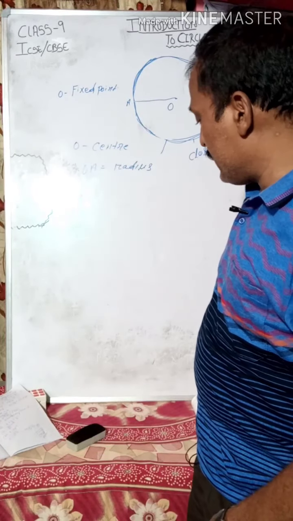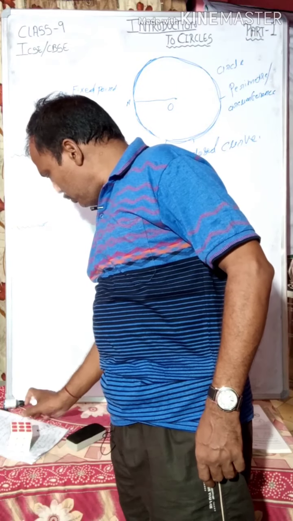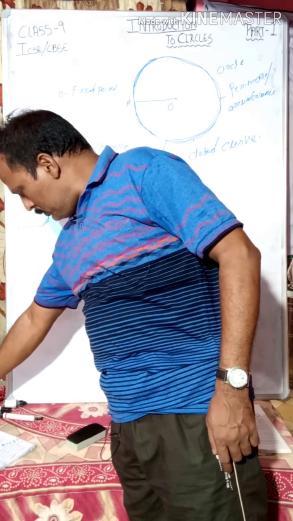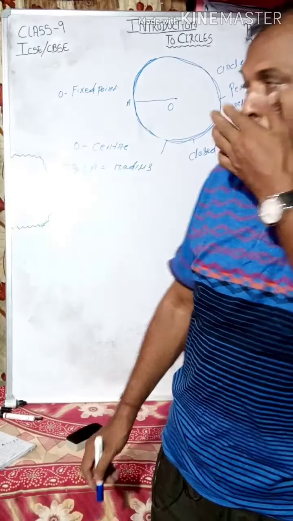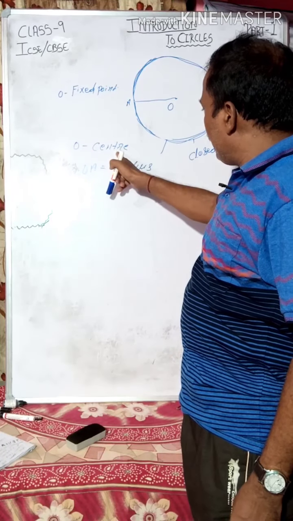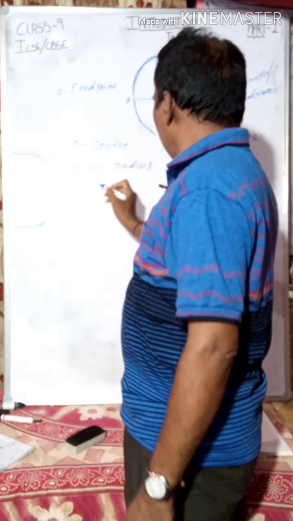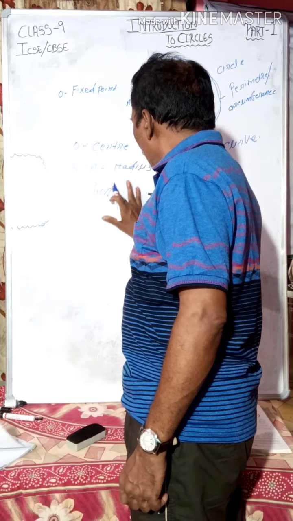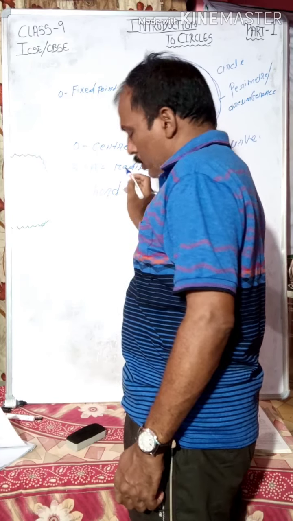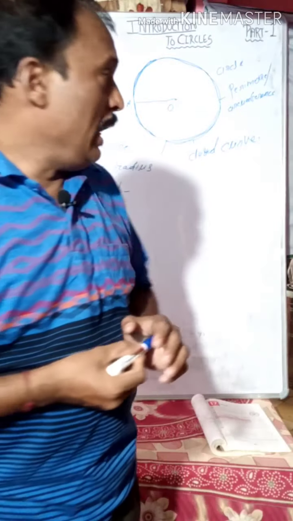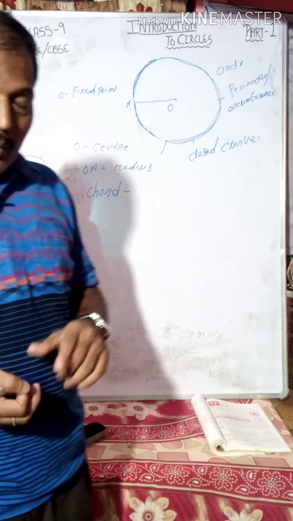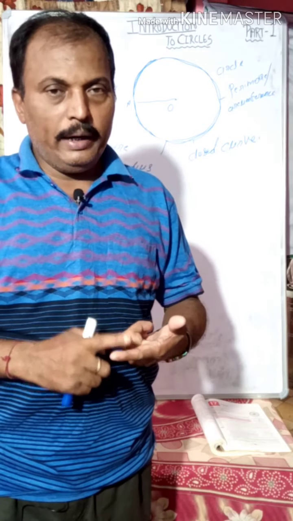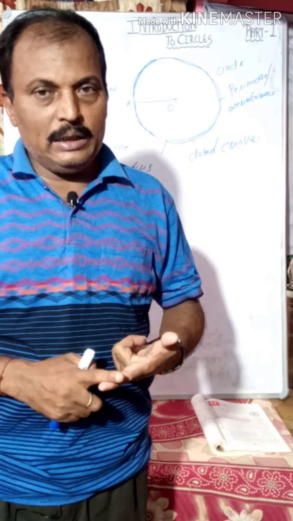Then come to the next point. Fixed point, center, radius, then chord. C-H-O-R-D. What is a chord? Chord of the circle. Now you write the definition on your own. First understand what is chord, what is radius, what is circumference, what is center.